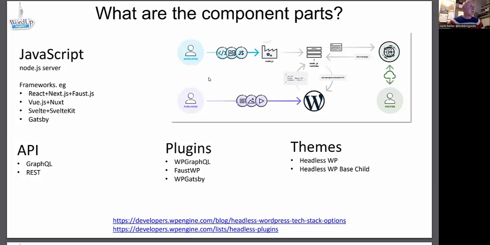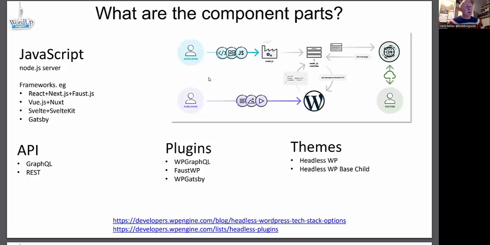Now, in order for GraphQL to work, there's a WordPress plugin called WP GraphQL. And in order for the Faust framework to work, where you're visiting what appears to be the front end of the website, there's a plugin called Faust WP. And in order for Gatsby to work, there's a plugin called WP Gatsby.